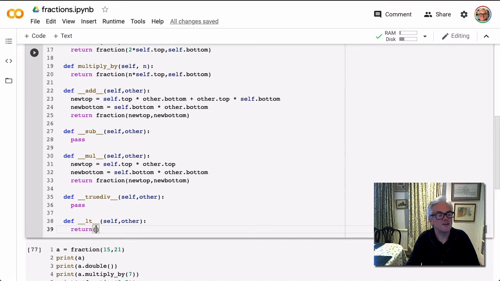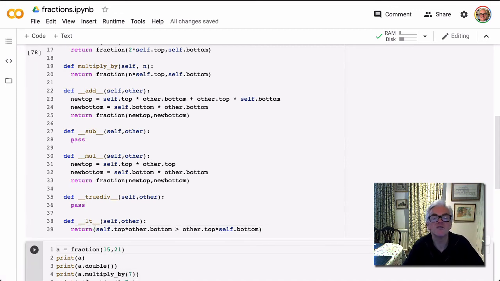And my Boolean value is going to be whether the self dot top times the other dot bottom is greater than the other dot top times the self dot bottom. And that should give us true division out of this. Sorry, this should give us a true less than comparison out of this.